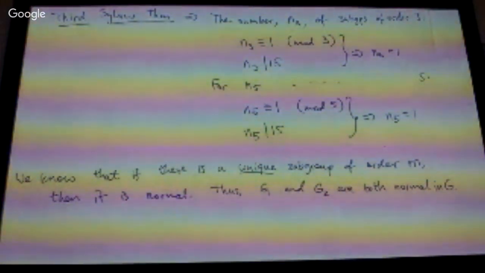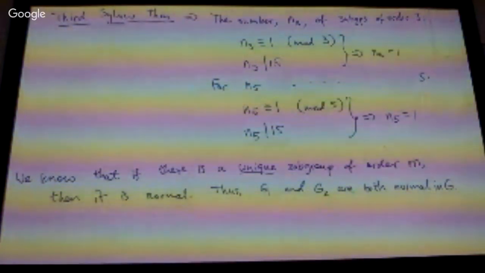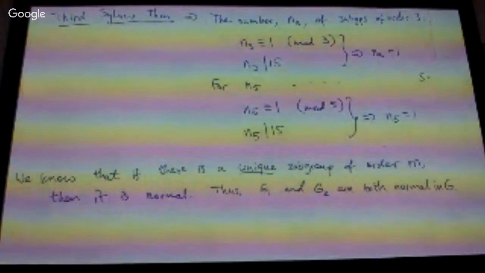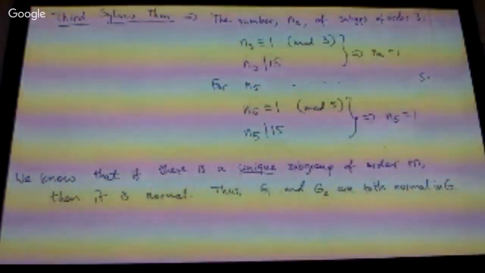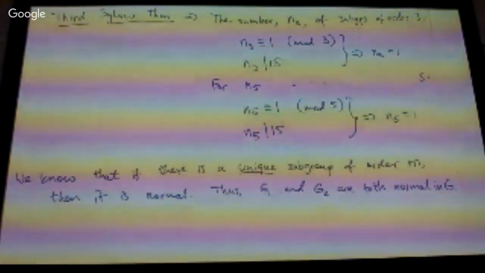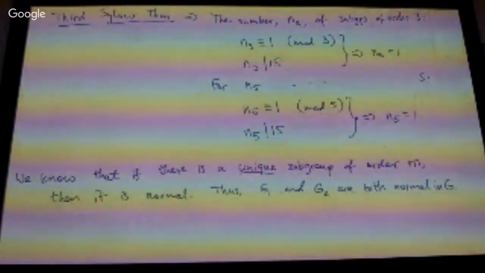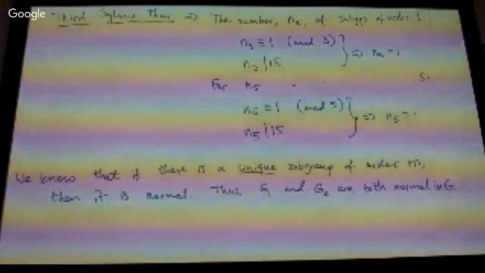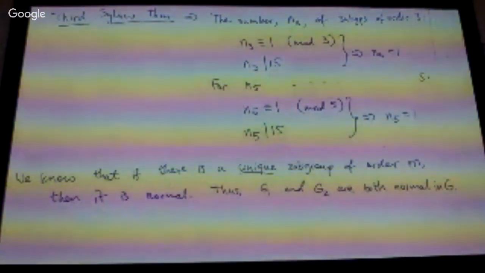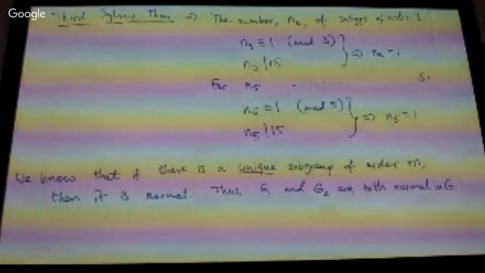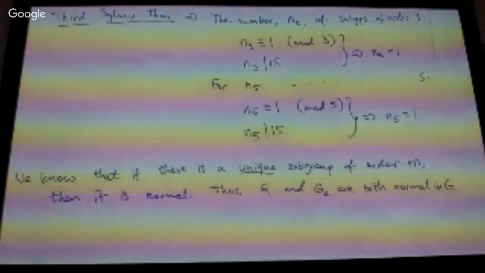You need to conclude that they're both normal. They're both normal, I just concluded. Yeah, well, I know that from before. Probably not explicitly using the fact that when you conjugate a subgroup, you get a subgroup of the same order.